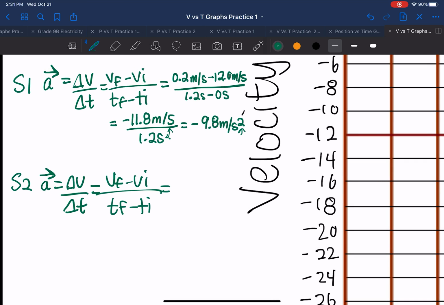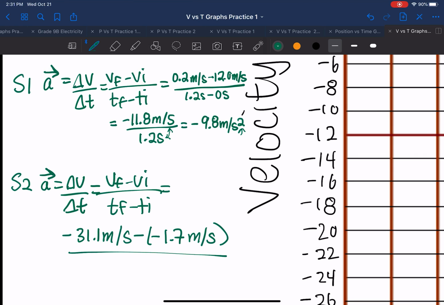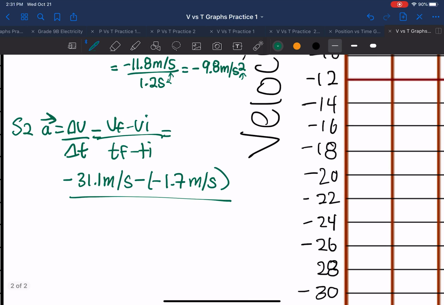So I'm going to plug in my points that I decided to pick, and I decided to pick a negative 31.1 as our final velocity minus that negative 1.7 meters per second as the initial velocity, and as my final time I chose 4.4 seconds, which was associated to the negative 31.1, minus 1.4 seconds, which is associated to the negative 1.7 initial velocity.